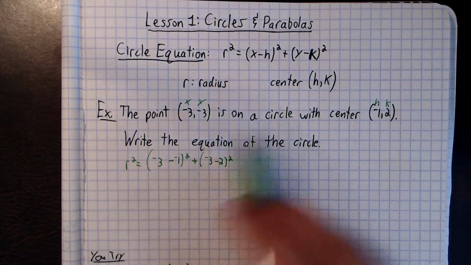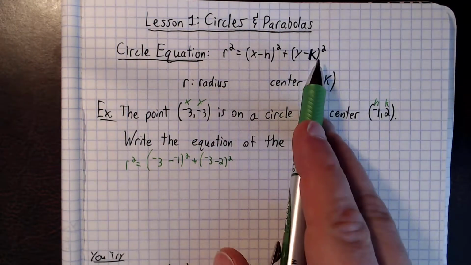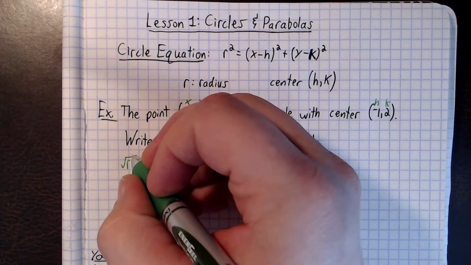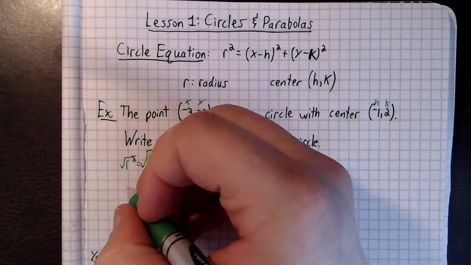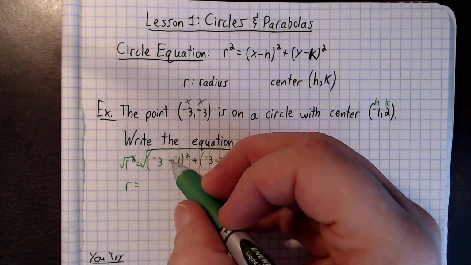Okay, so all I've done is plugged in my x, my y, my h, and my k into the formula. Then I'm going to take the square root of both sides to get r all by itself. Okay, I'm going to do some of this pretty quickly.